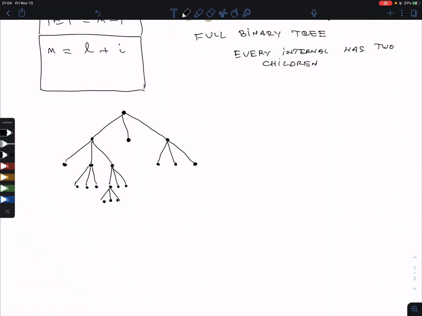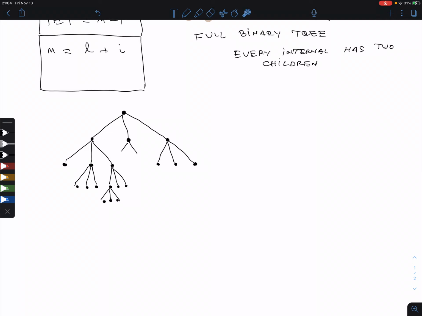You see, there are quite a lot of leaves, and then there are quite a lot of internal vertices, and those internal ones all have 3 children. So this is a full ternary tree. Okay, and would this be a full ternary tree? No, because this one only has 2. If you add the word full, then everyone that has children has to have 3 children.